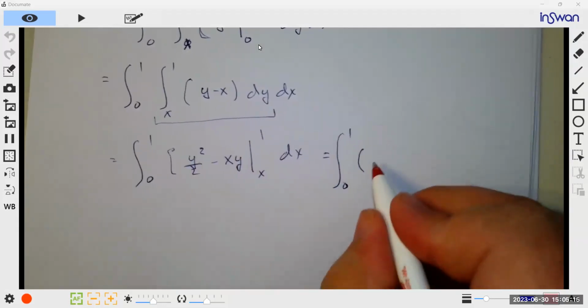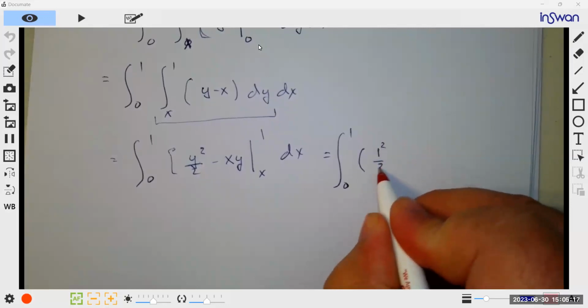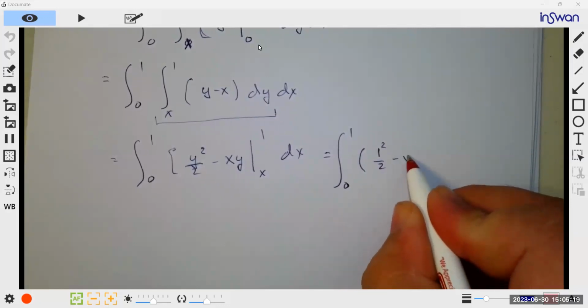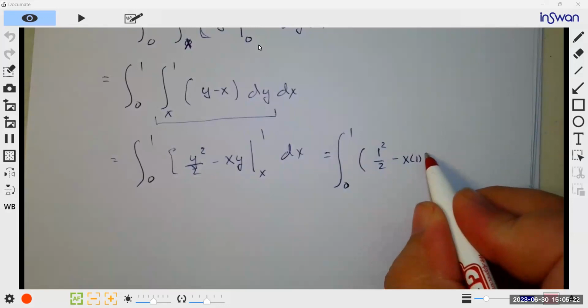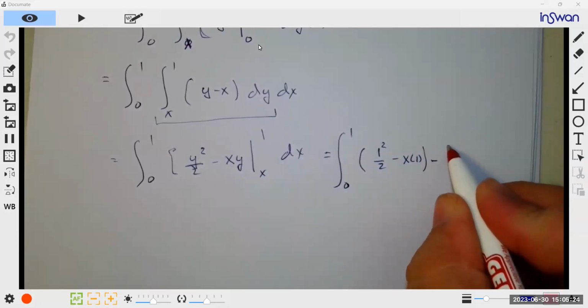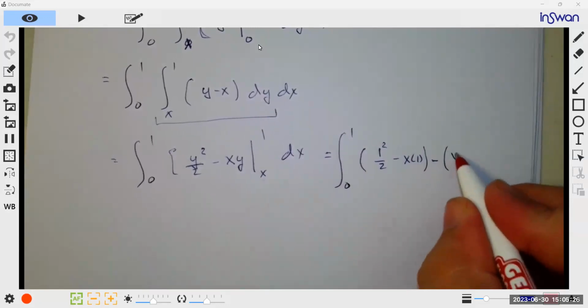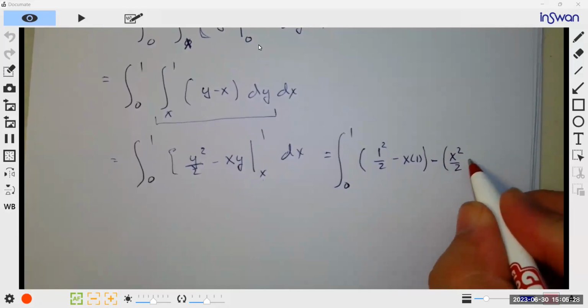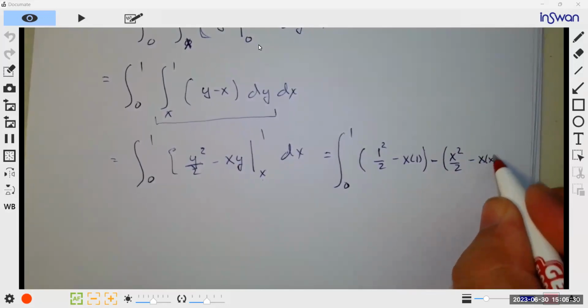So in the first one, we have 1 squared over 2 minus x times 1, minus x squared over 2 minus x times x.